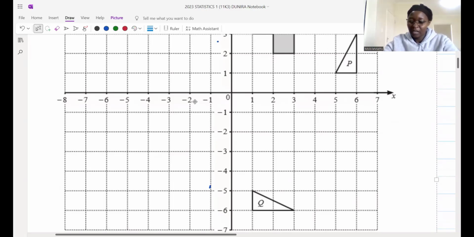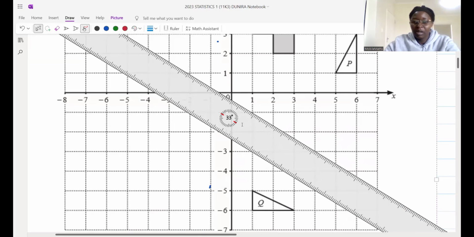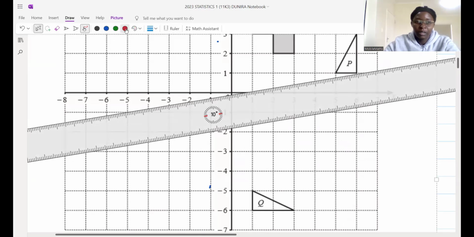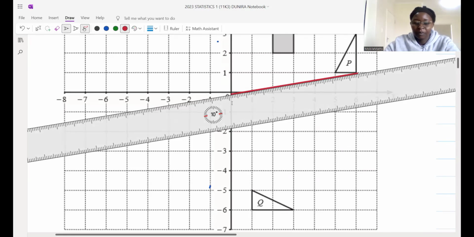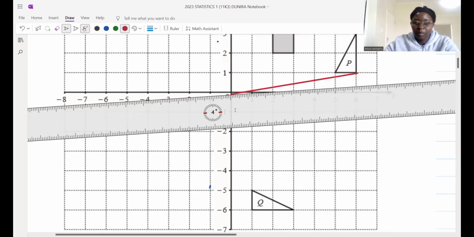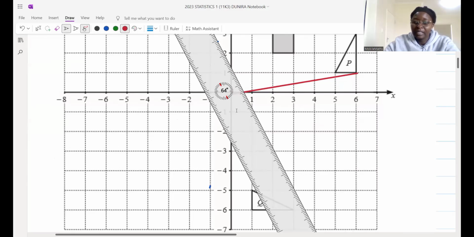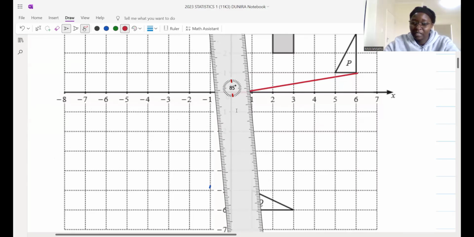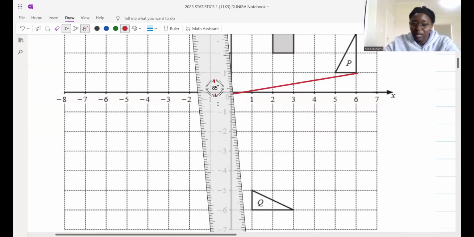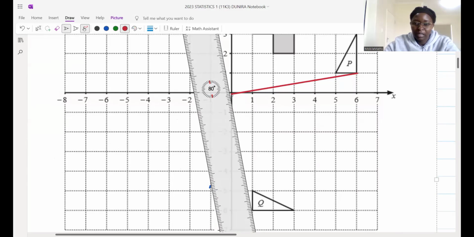So the idea now is to find how we rotate it. What I do is I use a ruler. I'm going to draw a line that passes from there to there. Then I also draw my other line that goes to the same corner where we have 90 degrees. Let's draw that, something like this.